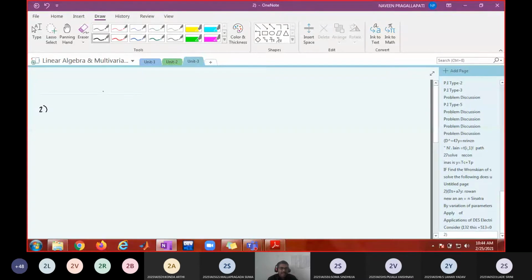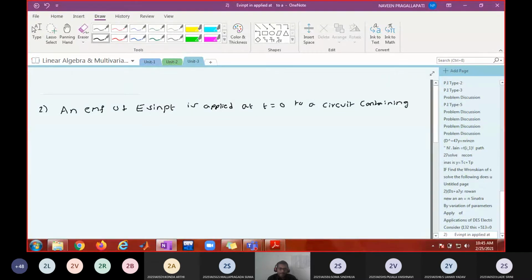An EMF of E sin pt is applied at t equal to 0 to a circuit containing capacitance and inductance, a capacitor and an inductor.